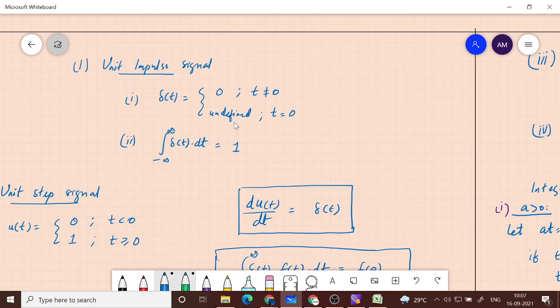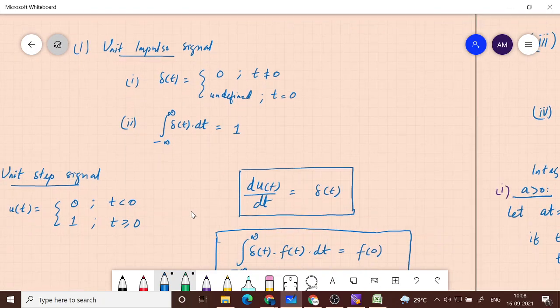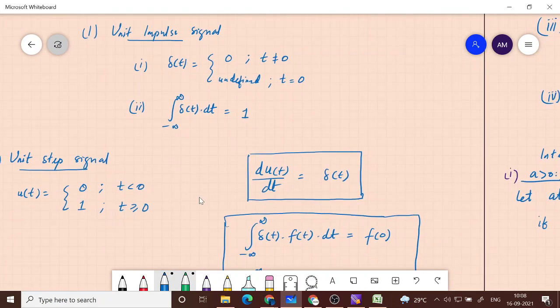We defined it in the last class by taking various examples. We took some standard function and then applied a limit to it, and we saw that the function becomes thinner and taller, preserving the area inside to become unity. That property of the impulse function is given by the second part of the definition. So together, these 2 parts define the impulse function.